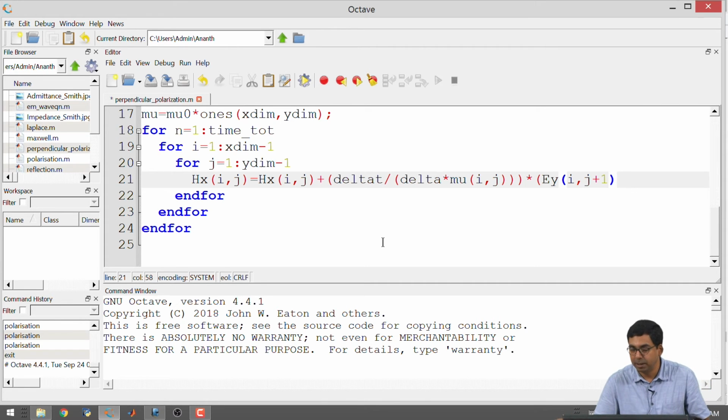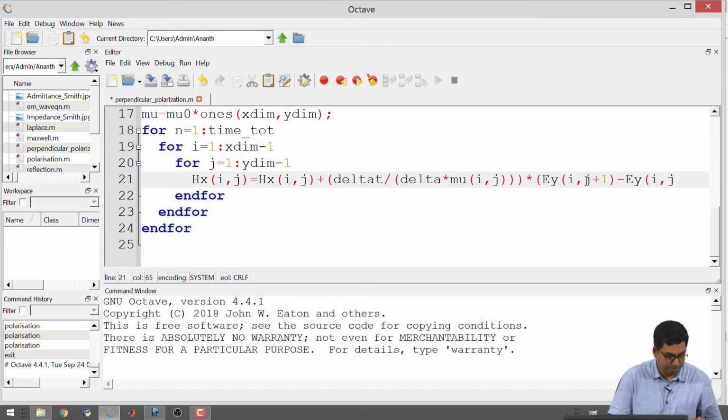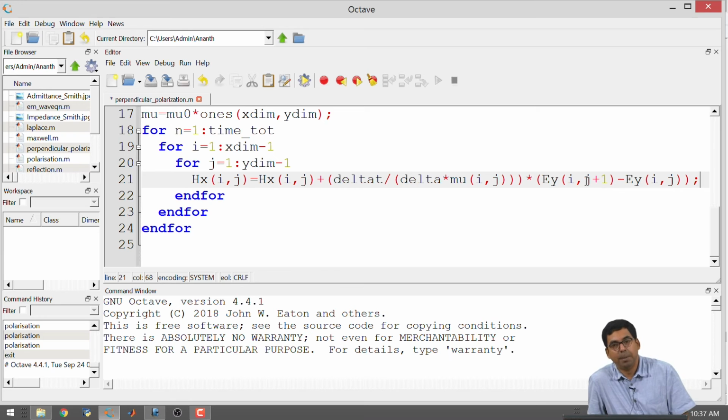So, I am putting j plus 1, okay. Originally in our code it was z plus delta z is equal to 1. So, I am just making j plus 1, right, minus Ey of i comma j. This is what an update equation for Hx would look like, right. It is a lengthy expression, but if you are able to work it out, then there is no issue at all. It is just plugging that expression over here.